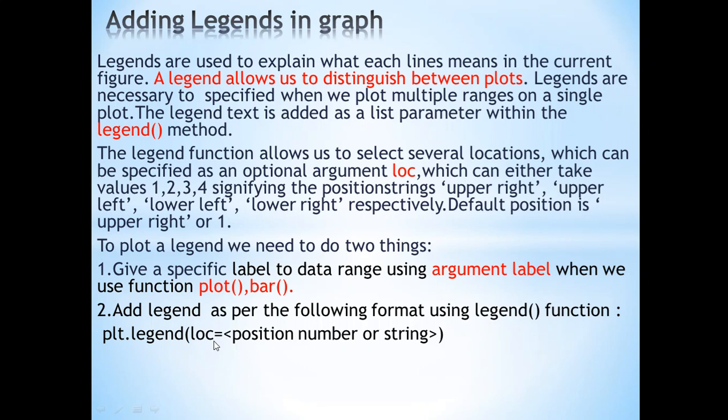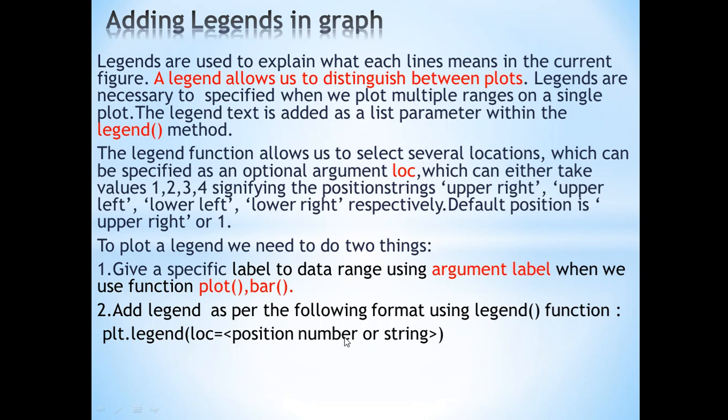The legend will be added by following this format: plt.legend, then within the brackets loc, that is the location where you want to put the legend. It will be the position number or a string. The position number can be 1, 2, 3, 4, or you can write upper left, upper right, lower left, lower right. These four string values you should know.